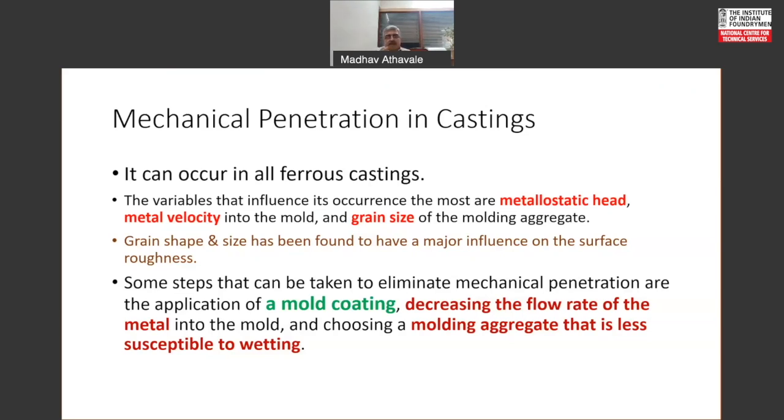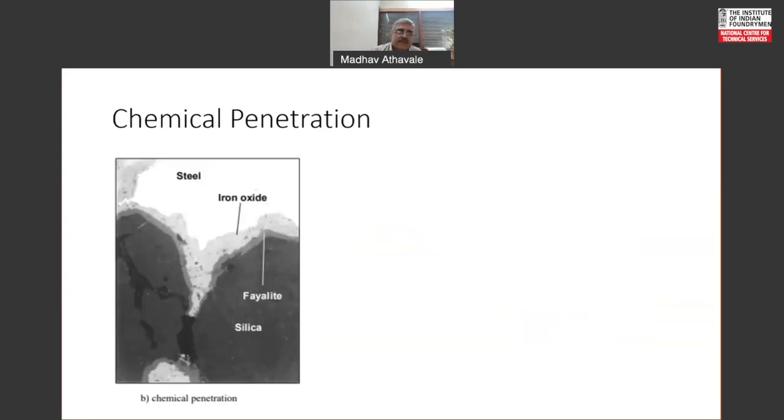And the important thing is choosing such a molding aggregate, the type of sand, the type of binder system, which is less susceptible to wetting, so that the metal mold reaction tendency, as we saw in case of manganese steel earlier, can be less. Now let's have a quick look at chemical penetration, and here is a photograph on the left hand side. This is for steel.